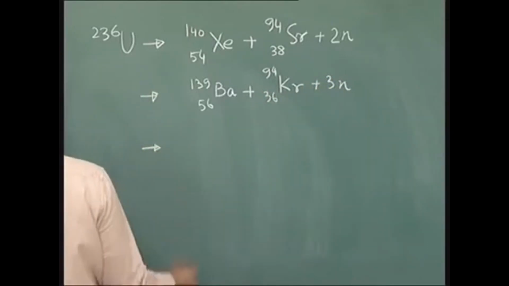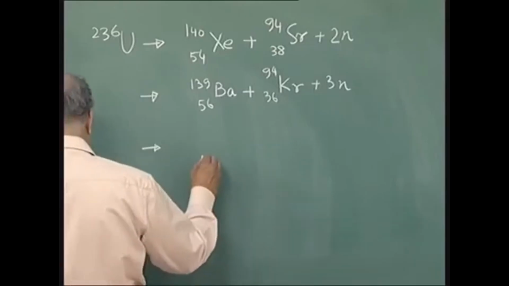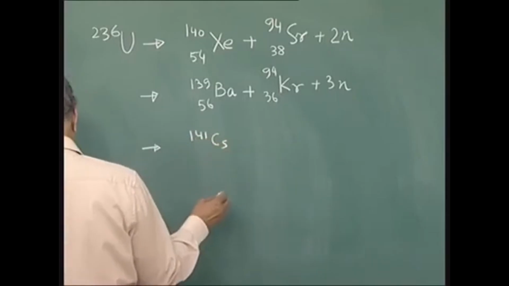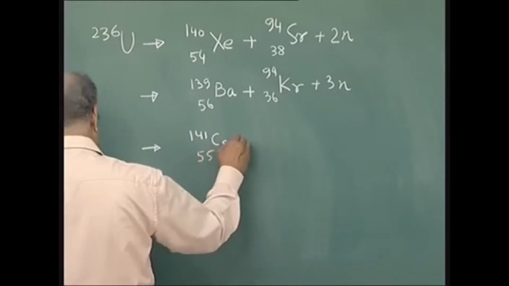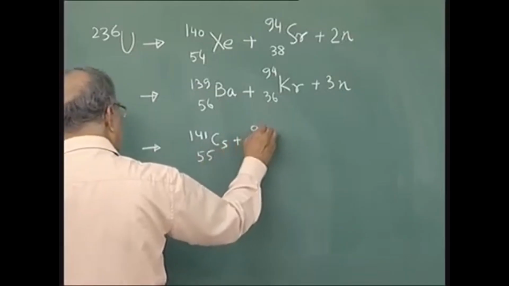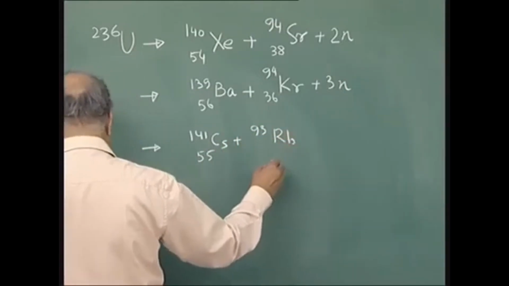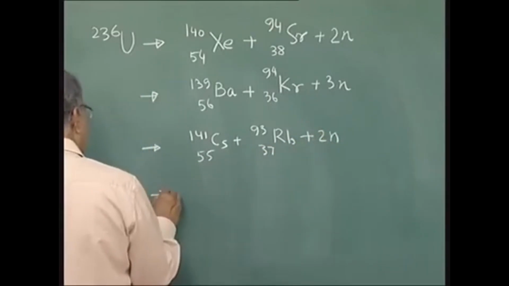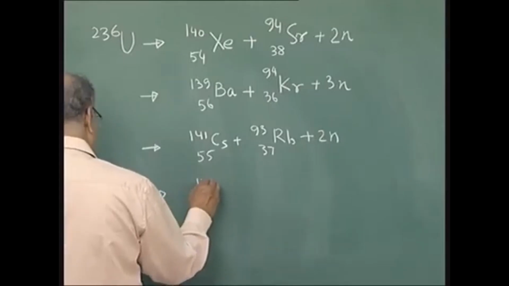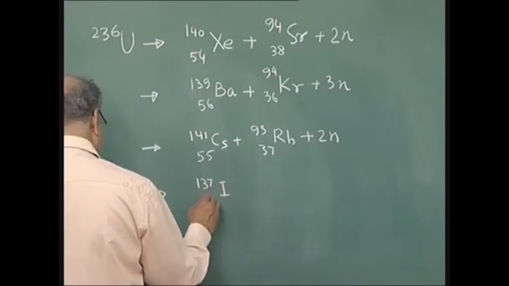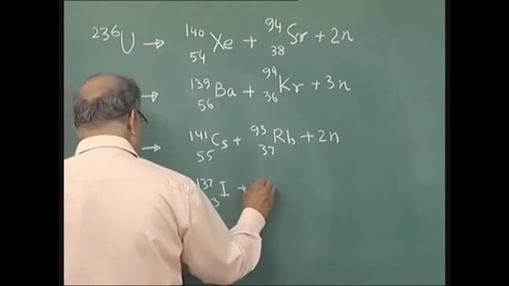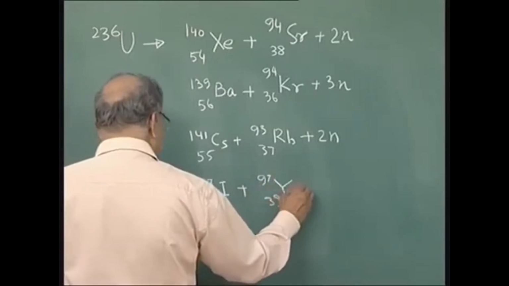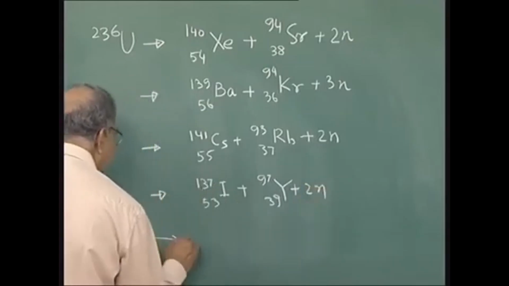Then you can also have a reaction like 141 cesium 55, plus 93 rubidium 37, plus 2 neutrons. You can also have reactions like 137 iodine 53 plus 97 yttrium 39 plus 2 neutrons, and so on. You can have many more.